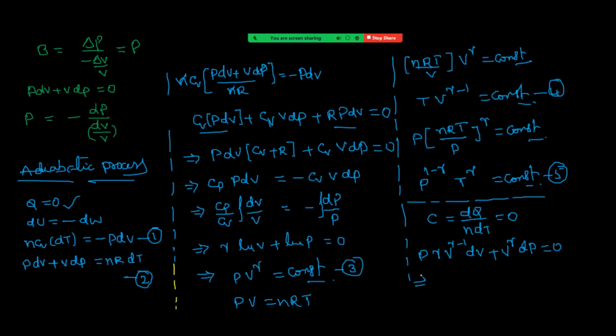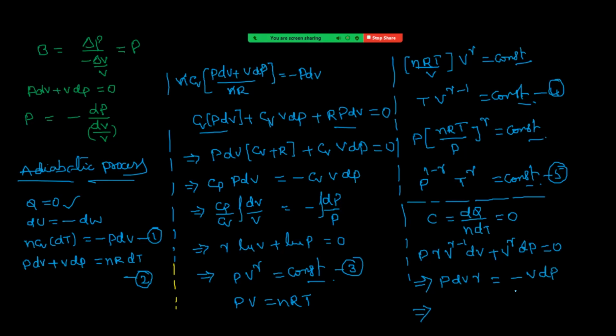Here we can cancel V power gamma minus 1, so one V is left. This is P dV gamma that is equal to minus V into dP, right?